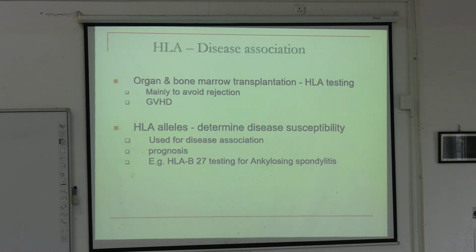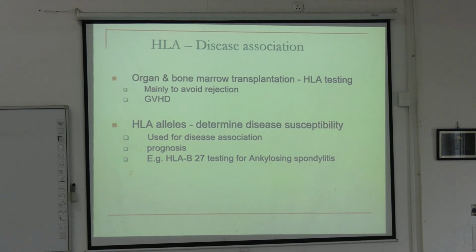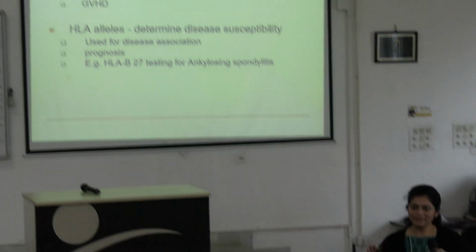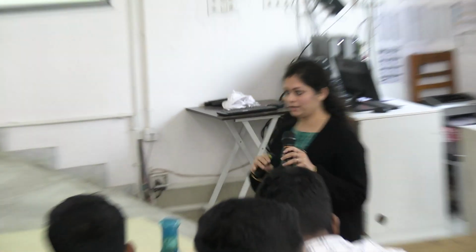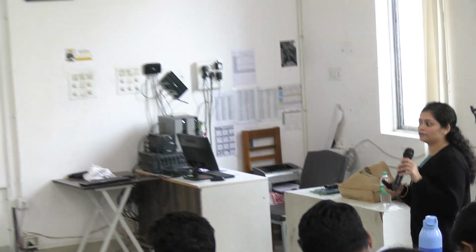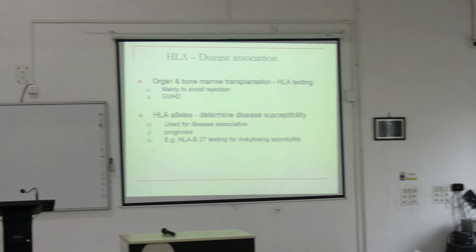Now HLA alleles usually determine disease susceptibility. As I told you, it is also used in autoimmune diseases, like if a person has a particular HLA, then that person will have a higher risk of developing that autoimmune disease. So that's why it is used for disease association and to determine the prognosis of a disease.